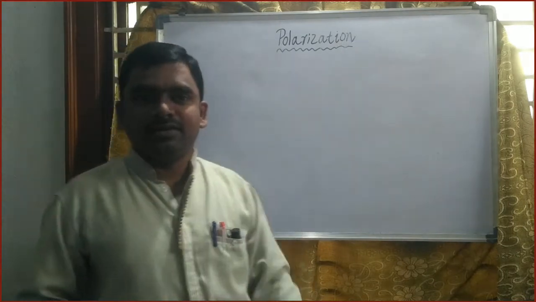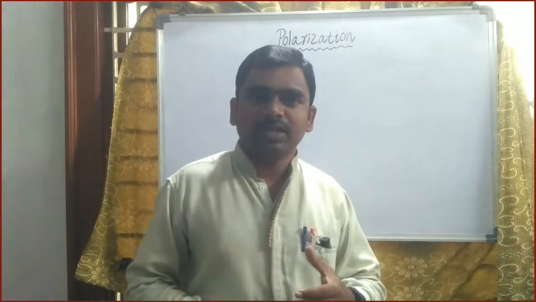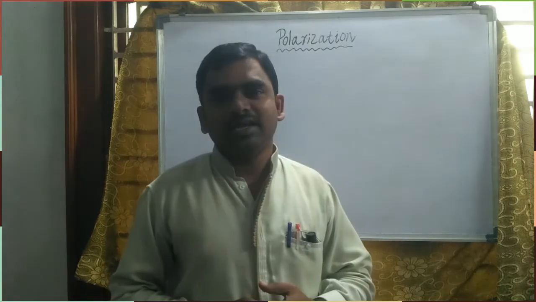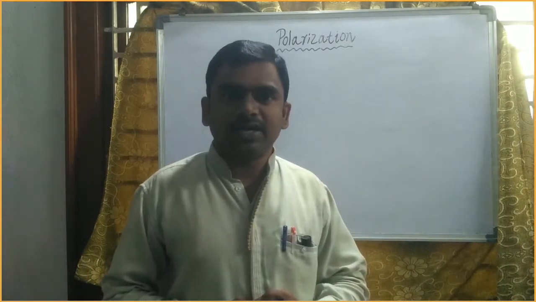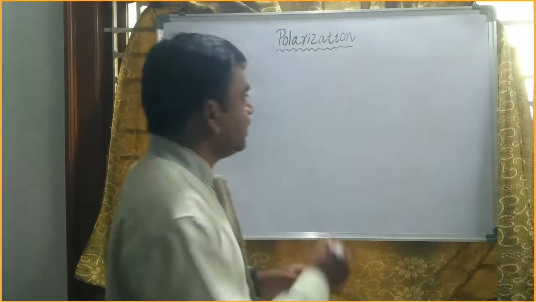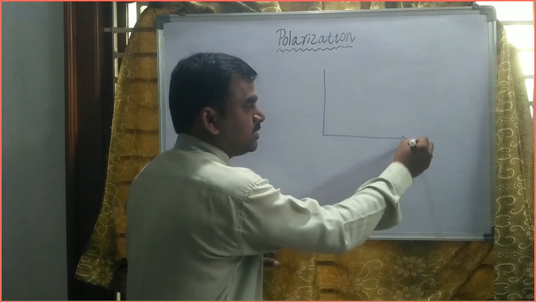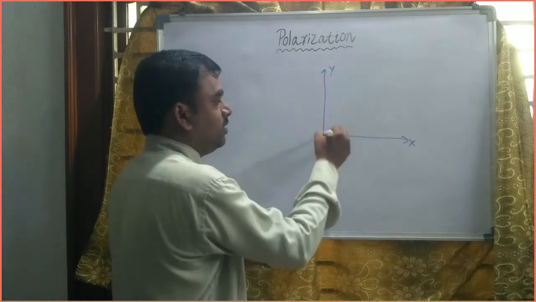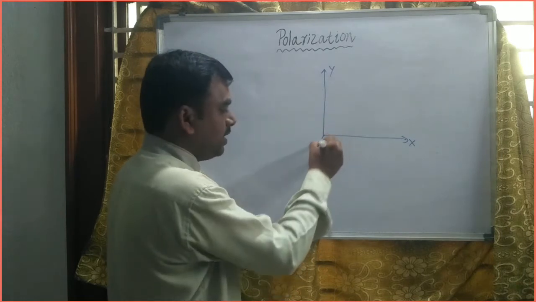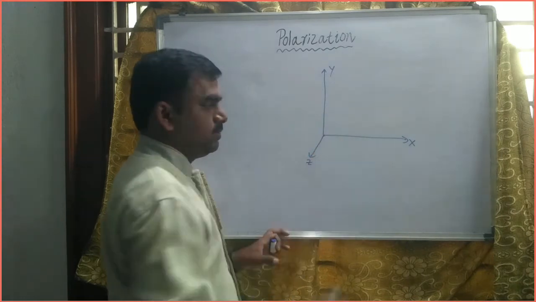Polarization. Generally, light is an electromagnetic wave. That means in light there are two vectors. So this is the x-axis, this is the y-axis, and this axis I am taking like this, the z-axis.